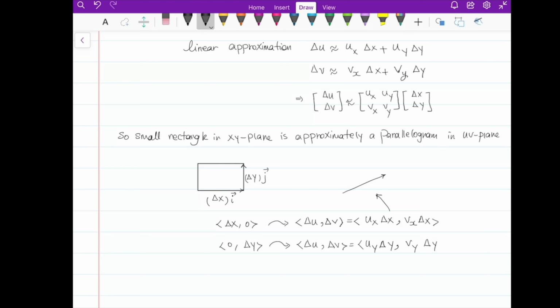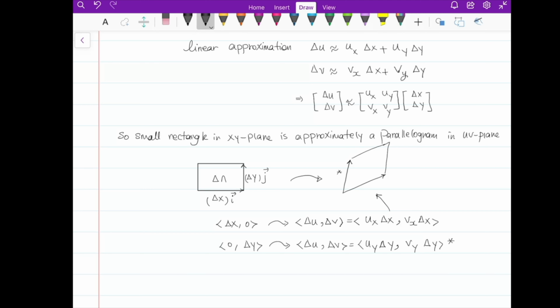So I have this vector, which would be something like that. This vector in here. And then I get a parallelogram using this transformation.